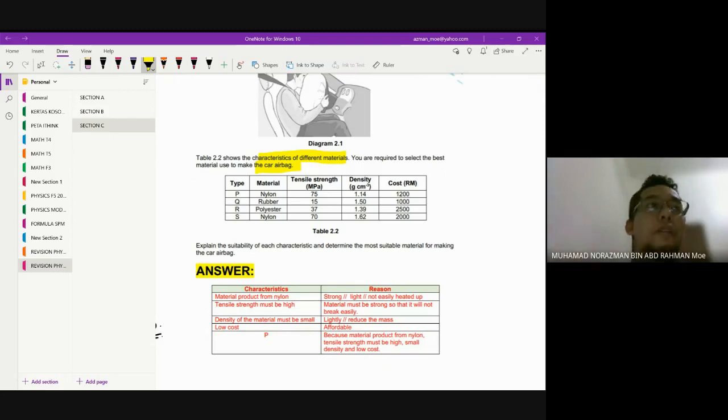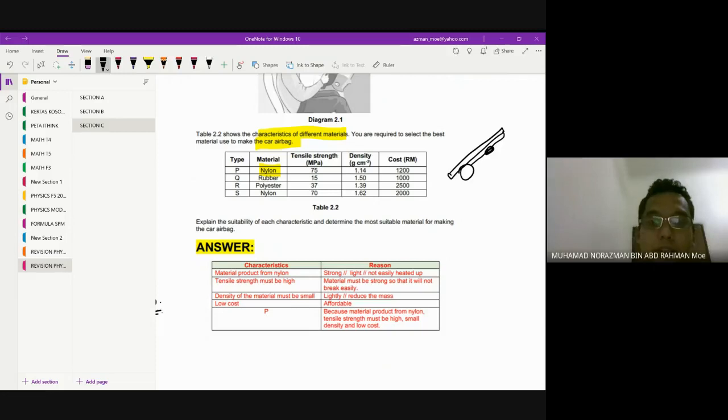For cloth, usually we use nylon. For example, material for fishing rod, fishing string. Okay, SPM question. We have fishing rod, and then the string we use nylon. Why? Because nylon is very light and also strong.